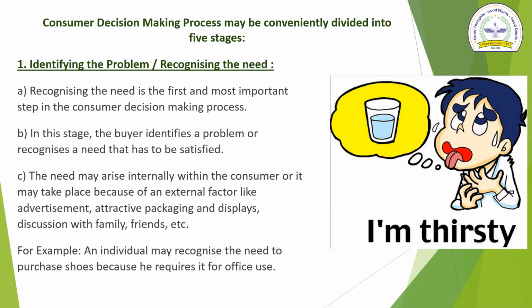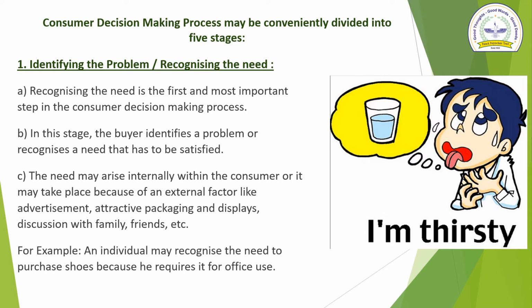Next is attractive packaging or display. If a consumer sees a product which has very attractive packaging, the consumer may feel that he should buy that product. So the need may be an internal need which comes from within the consumer, or an external need which comes from factors in the environment.